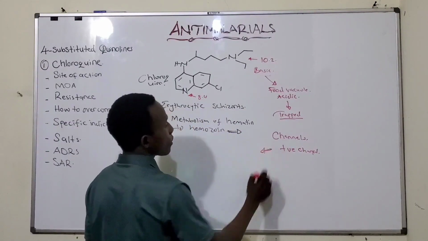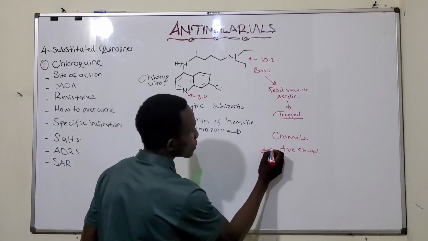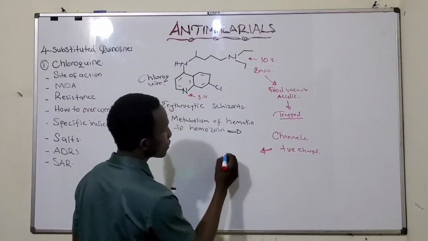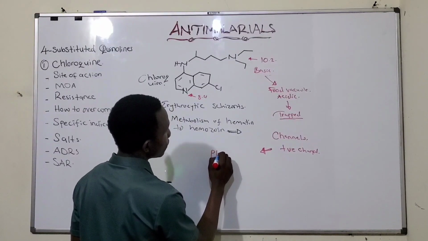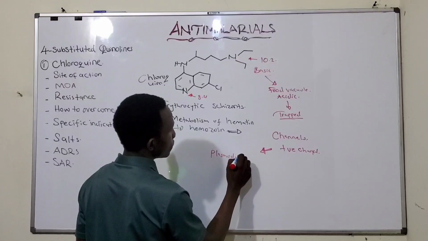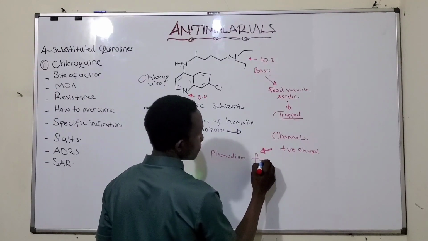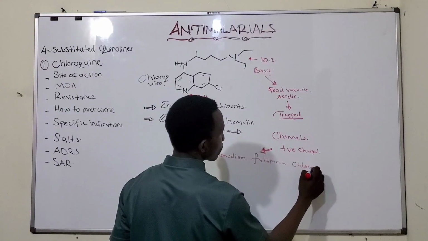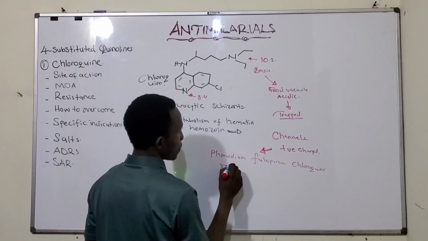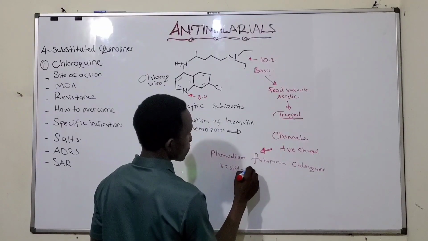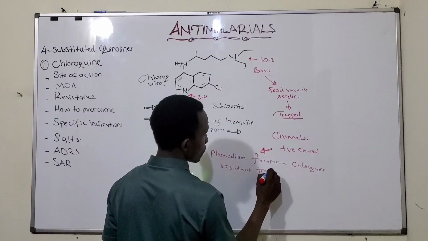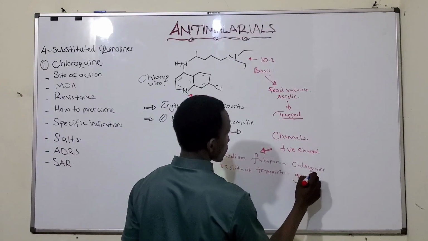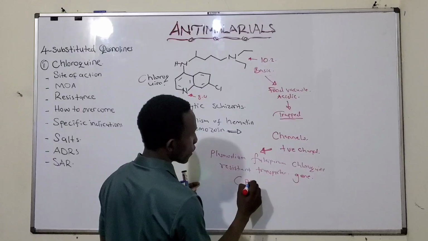There are two known mutations, but the main one is in the Plasmodium falciparum chloroquine resistance transporter gene, or PfCRT.